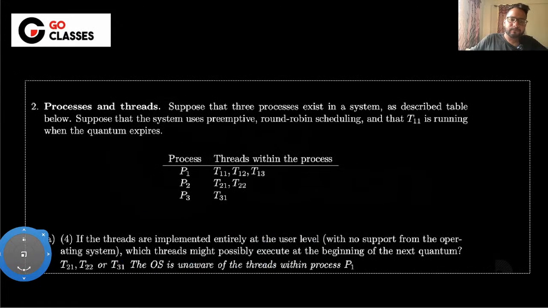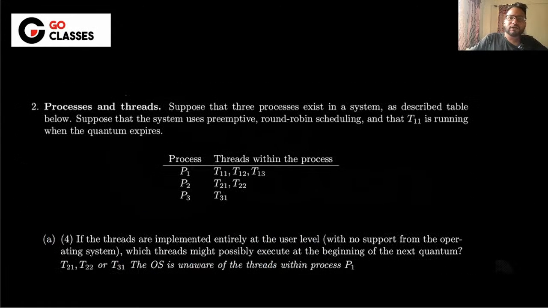What they are saying is that suppose there are three processes existing in the system, described in the table below. Okay, these are the three. Suppose the system uses preemptive round robin scheduling, and T11 is running when the quantum expires. Now, if threads are implemented completely at the user level with no support from the operating system, then which thread could possibly execute at the beginning of the next quantum? So these are the options.